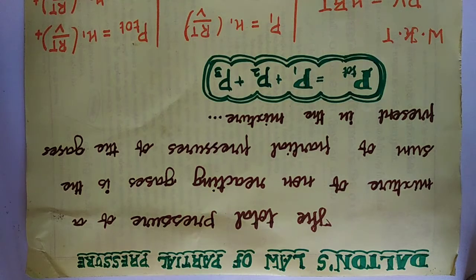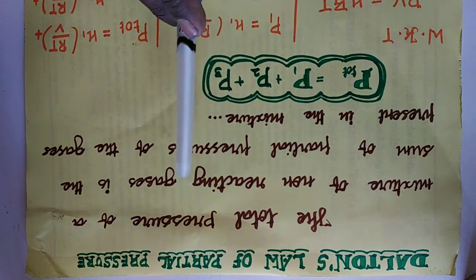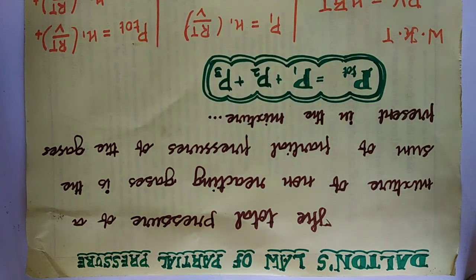Once again, let me repeat Dalton's law. It says that the total pressure of a mixture of non-reacting gases is the sum of the partial pressures of the gases present in the mixture, and mathematically it can be expressed as P total, the total pressure, is equal to P1, the partial pressure of the first gas, plus P2, the partial pressure of the second gas, plus P3, the partial pressure of the third gas.